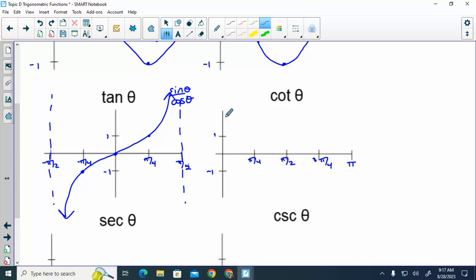And again, we did this so we would have asymptotes at the ends. 0 in the middle. So at pi over 4 in the first quadrant, cotangent would be a positive 1. 3 pi over 4 in the second quadrant is when it's negative. So very similar to our tangent, it's just decreasing, and the asymptotes are in different spots.